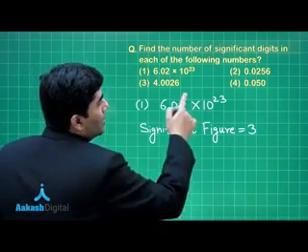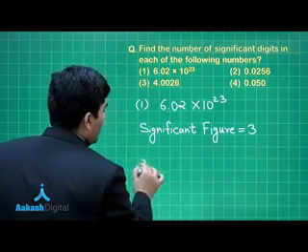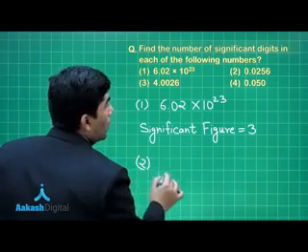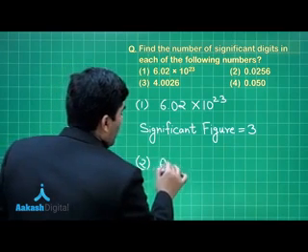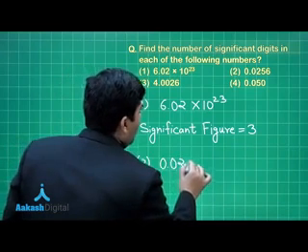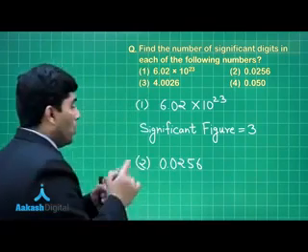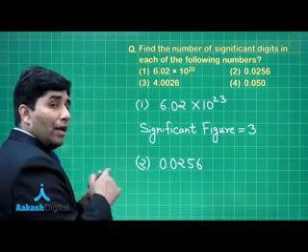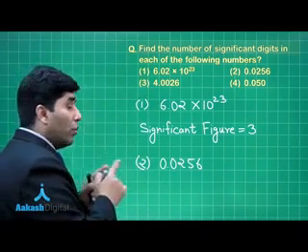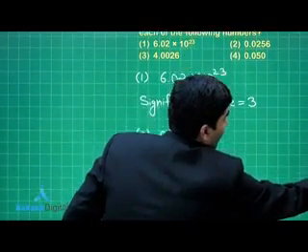Second is 0.0256. Both the zeros are to the left of the first non-zero digit. Therefore, both will not be significant.